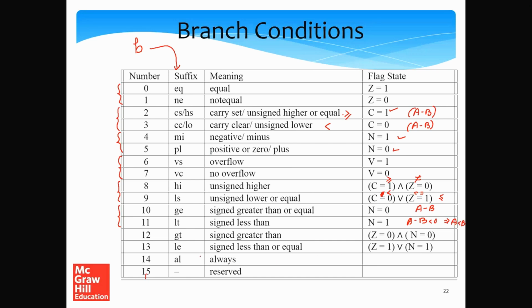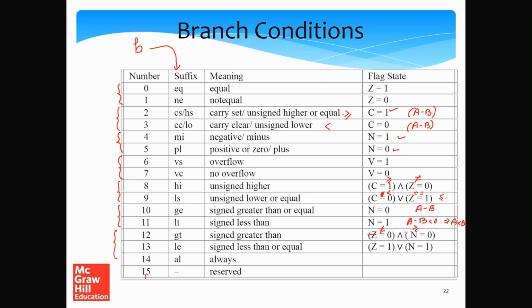Similarly, let's consider GT and LE, which are similar to the unsigned operands HI and LS that we introduced. GT means signed greater than. This alternatively means that the Z flag is 0, which means the numbers are not equal, and N equals 0, which means the numbers are greater than or equal.